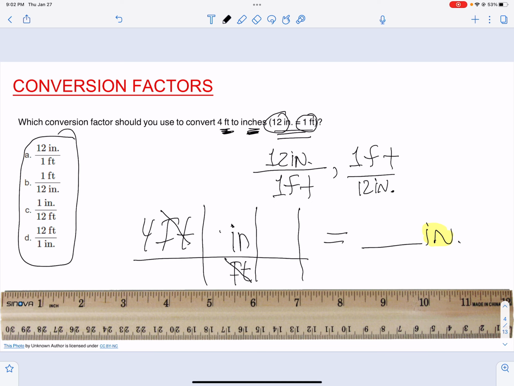And then what goes in here then? What are their values? We know that 1 foot equals 12 inches, because that's what this is telling us. So what we realize is, by doing it like that, I already found what I was looking for, the inches.